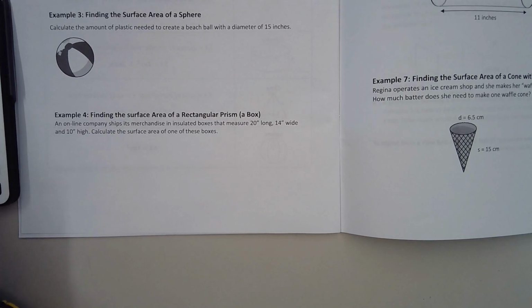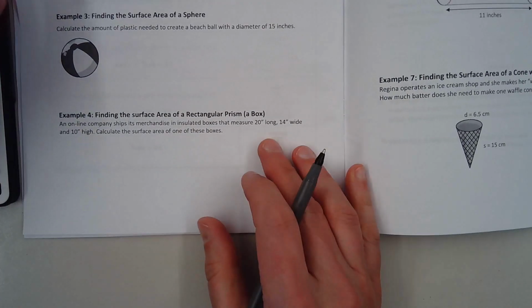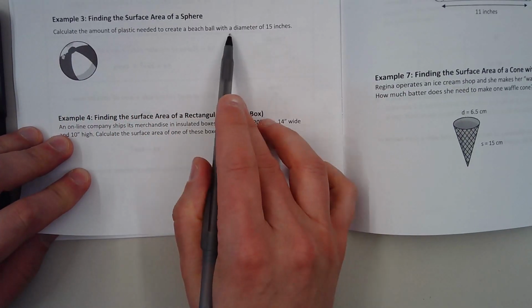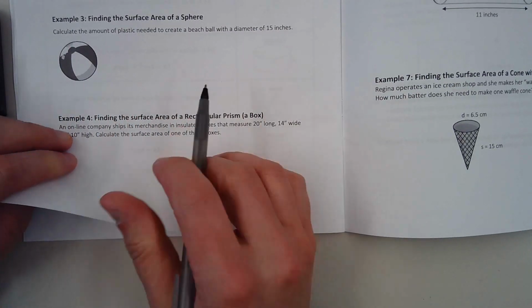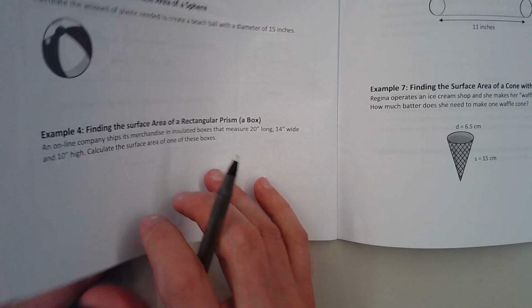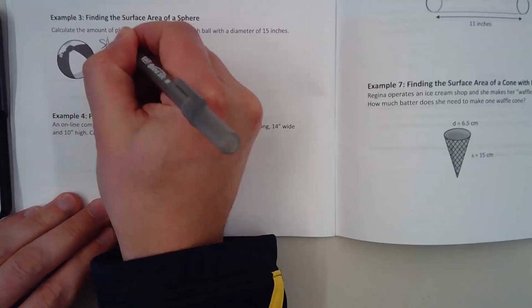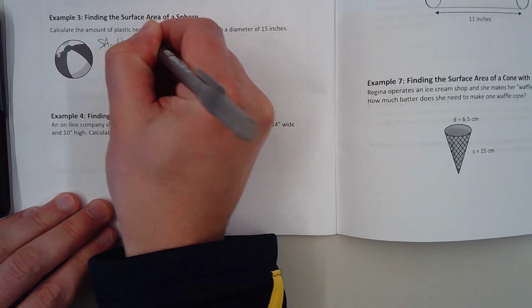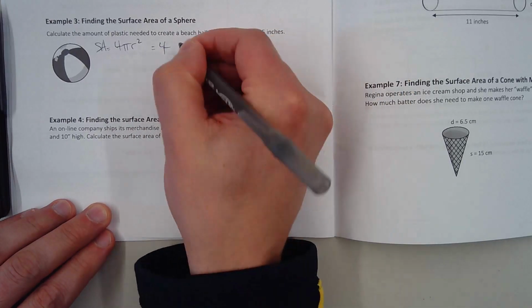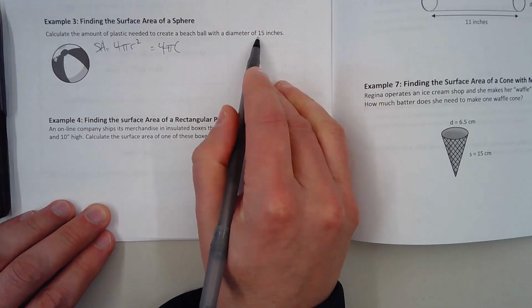Example 3. Finding the surface area of a sphere. Calculate the amount of plastic needed to create a beach ball with a diameter of 15 inches. Okay, let's go find that formula. 4 pi r squared. So it's going to be 4 times pi times, the diameter is 15.